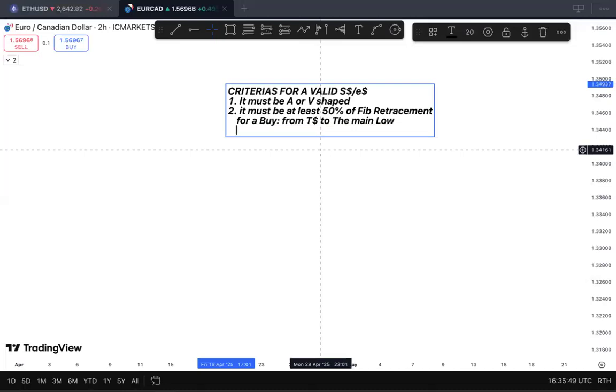I'm going to explain, but just take the note. For a sell, from the main high to transactional liquidity.